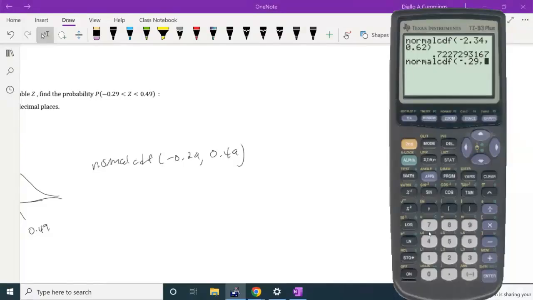Negative 0.29, comma 0.49. Rounded to 3 decimal places.